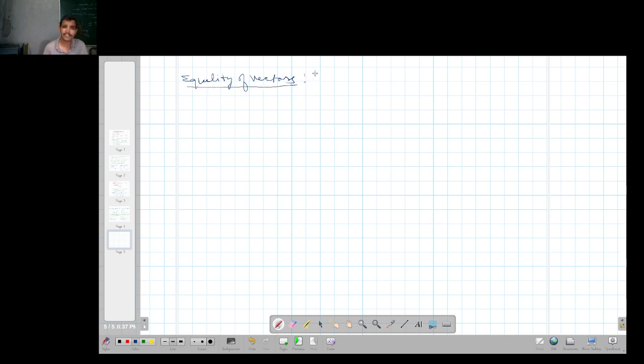Two vectors A and B are said to be equal if they have the same magnitude and direction.